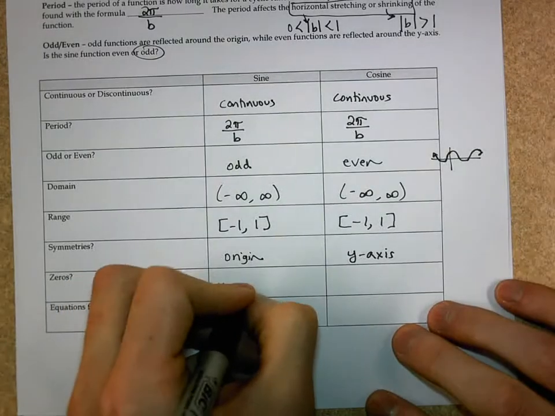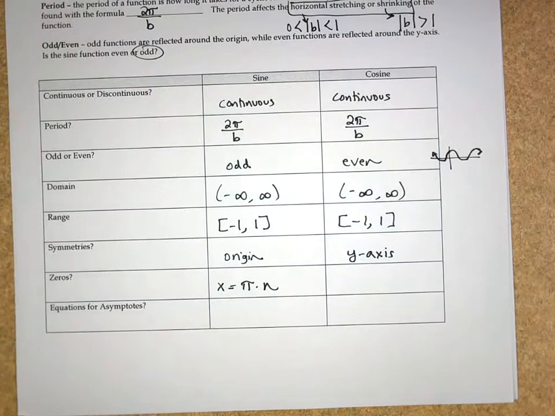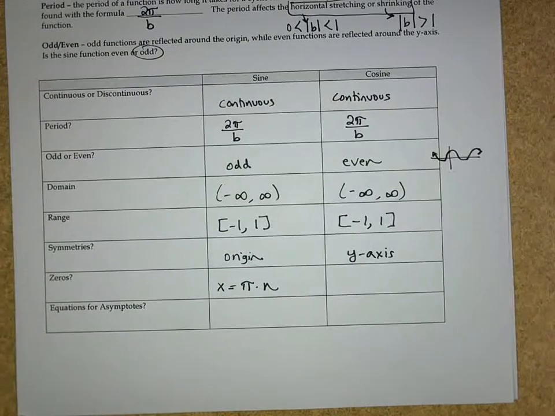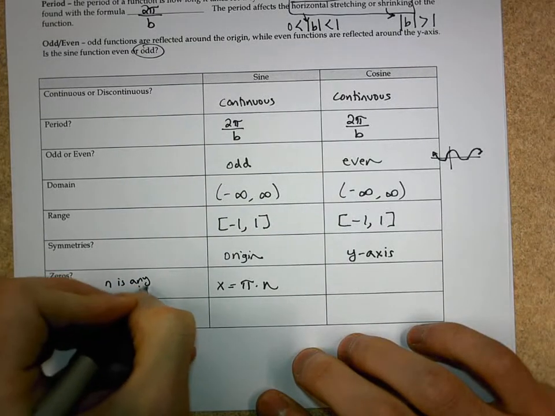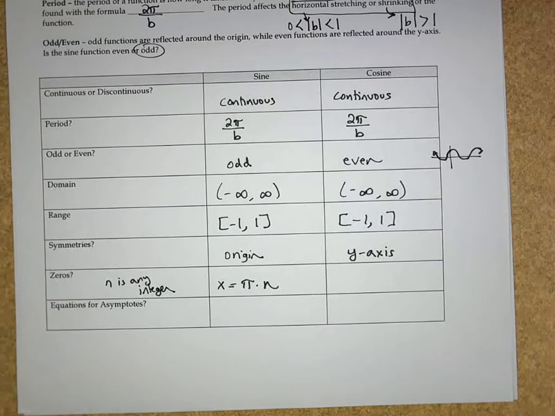The zeros: wherever we have a 0 on sine, it's always a factor of pi. So here, n is going to be any integer, and we multiply that by pi, and that's going to be a 0. So 0 pi, 1 pi, 2 pi, 3 pi, 4 pi are all going to result in outputs of 0.